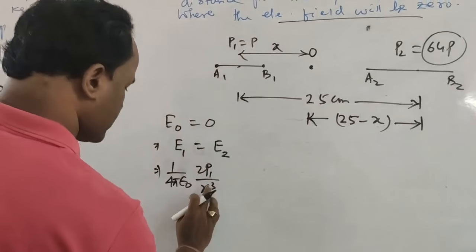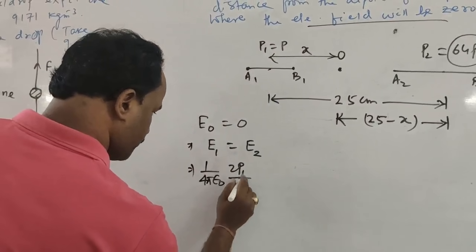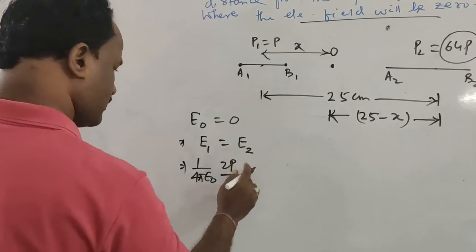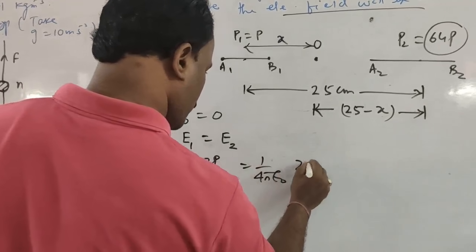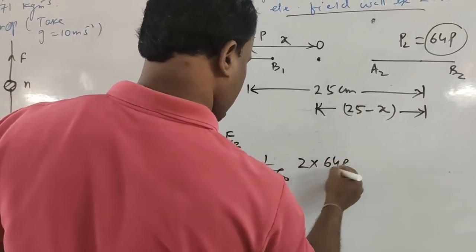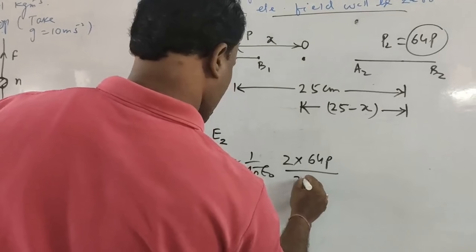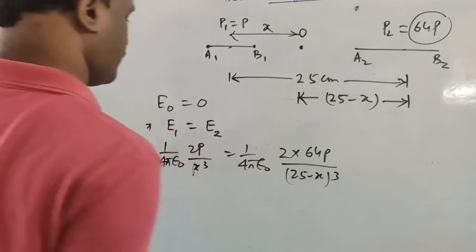It is already known that for a short dipole, the electric field on the axis is 1 upon 4 pi epsilon naught times 2p by r cube. Here r cube is x cube, and p is P. Similarly, it equals 1 upon 4 pi epsilon naught times 2 into 64P divided by the distance 25 minus x whole cube.